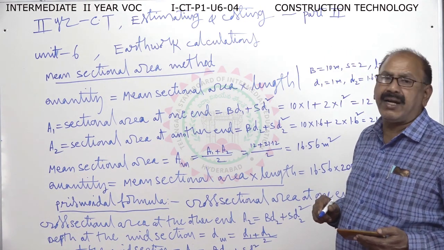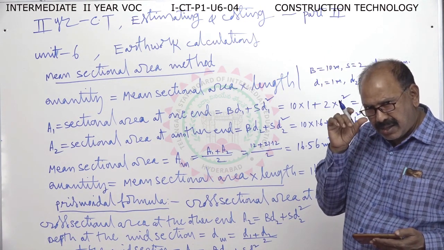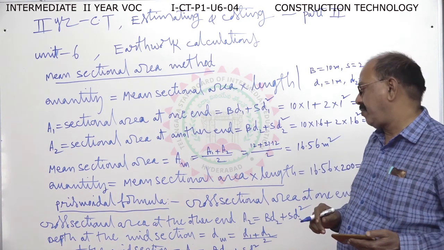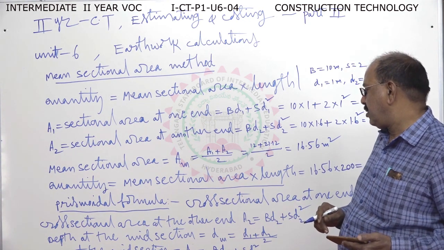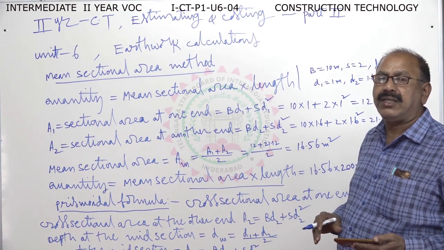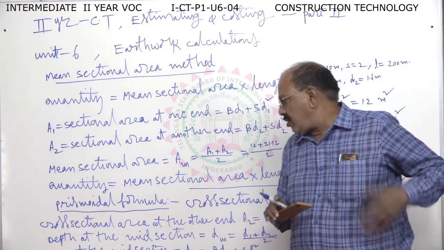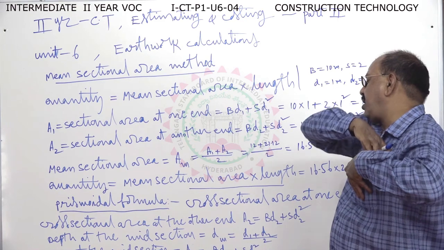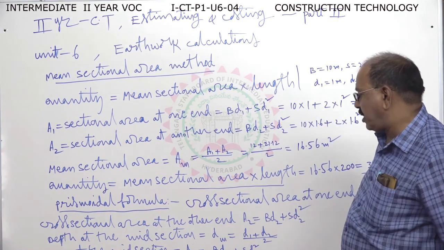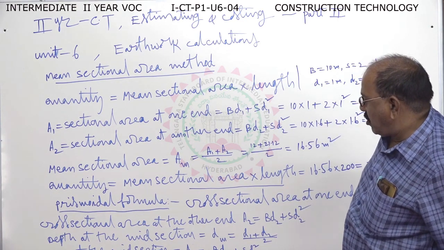Method, prismoidal formula or prismoidal method. This is the third method in earthwork calculations. So in this method, what are we going to calculate?